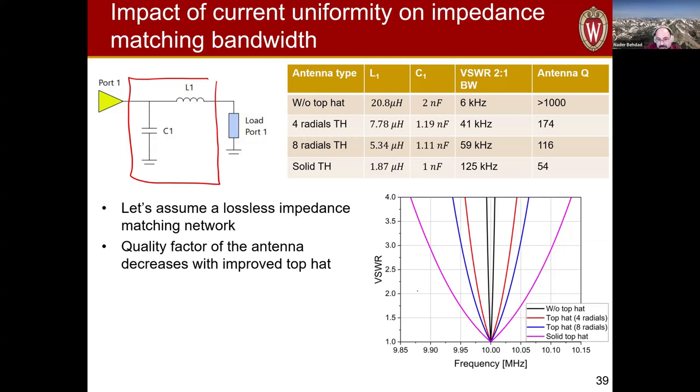And notice what happens to the VSWR 2:1 bandwidth of my antenna. The black line is the monopole antenna without the top hat. And as I increase the number of top hats, and increase the number of radials, notice that I'm able to impedance match this over a wider and wider bandwidth.